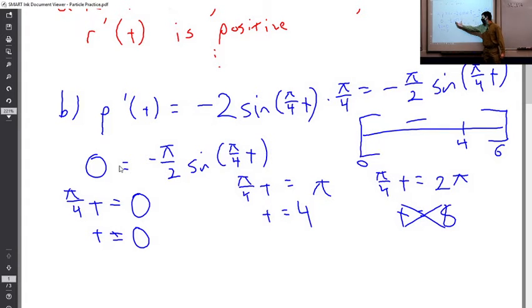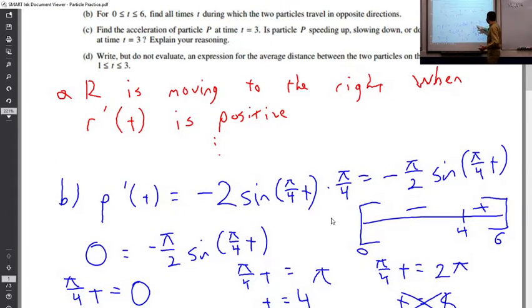So this part is negative times a negative is a positive. So now, I've done the sign chart for you of when P is moving to the left and P is moving to the right.